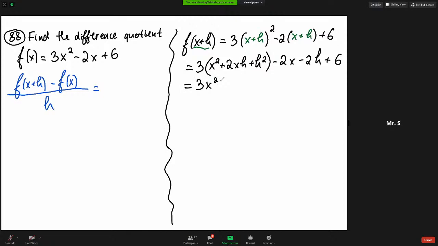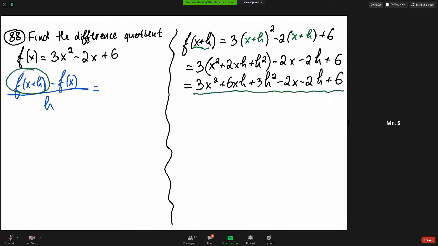So it's 3x squared, 6xh plus 3h squared, bring down the rest of the terms. So this part here is simply the first term of my difference quotient.